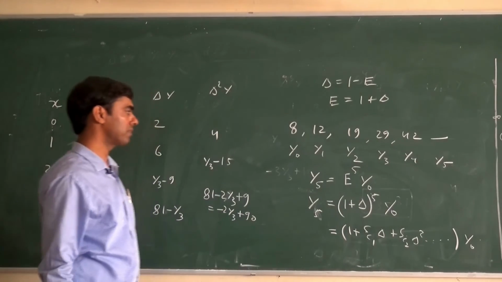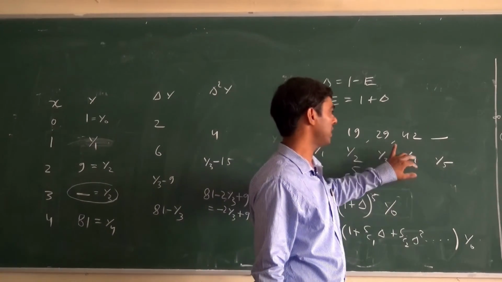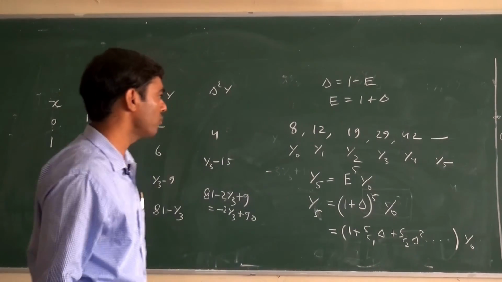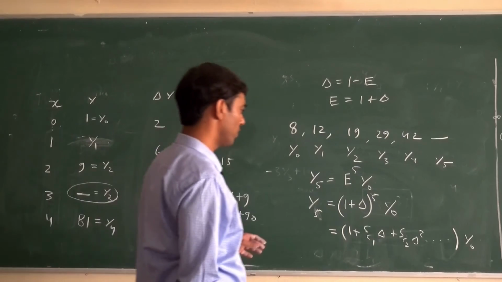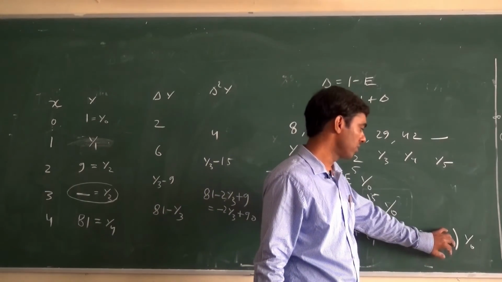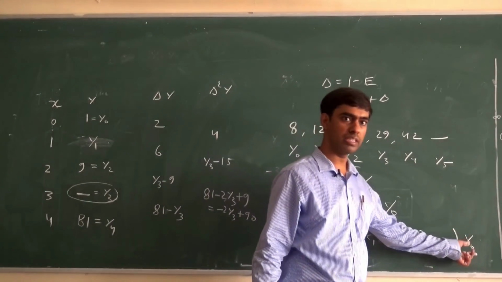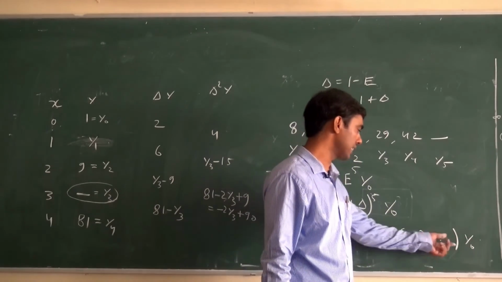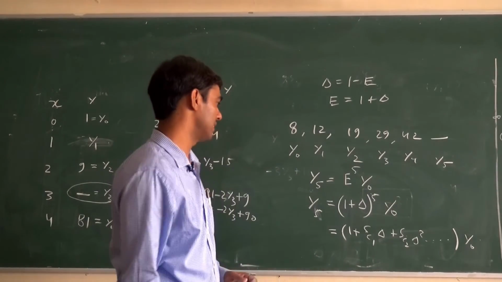So how many terms are required? Because there are 1, 2, 3, 4, 5 known values, we will only be able to find up to the fourth order difference. Meaning we are able to find the zeroth difference, the first order difference, the second order, similarly up to the fourth order differences.